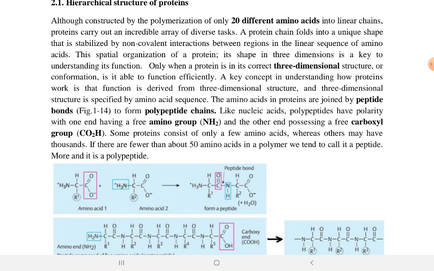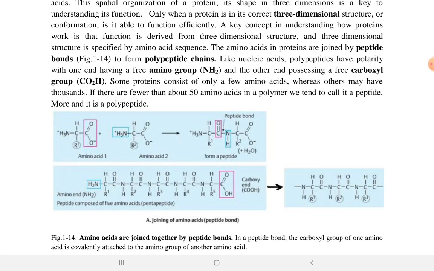Between those amino acids there is a bond called a peptide bond. This is the bond required to join 2 amino acids together to form a polypeptide chain; one is called a peptide, and more than one, a polypeptide. As you see here, we have the carboxyl group, which is C double bonded to oxygen.